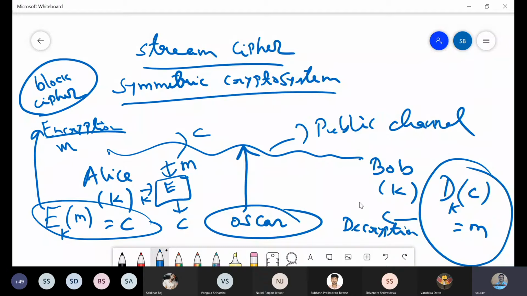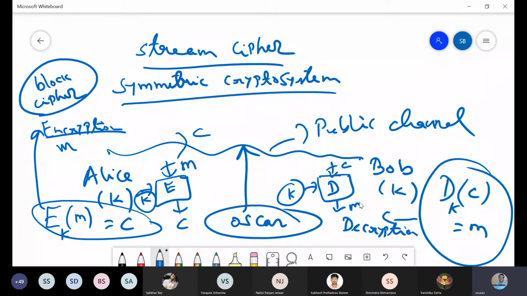For block cipher decryption we have the inverse of this algorithm, which takes the ciphertext and key and gives us the plain text back. This is the block cipher decryption, using the same key for both Alice and Bob.